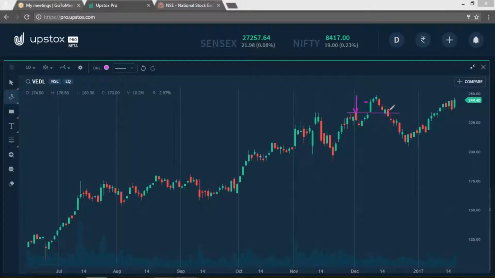Then, and finally in this red candle, it has closed below. Alright, so that is our edge of space trade on this day, which was 16th of December 2016. So the closing price was 230.37. So what do you think we should take as our strike price?